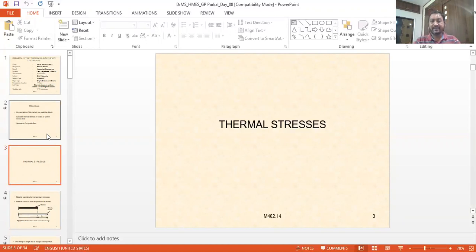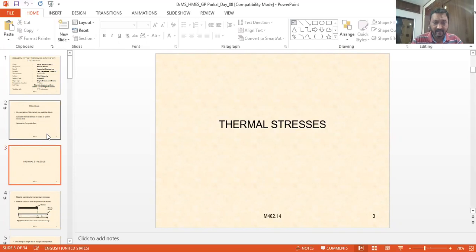The stresses induced in materials due to the rise or fall of temperature, when the corresponding elongation or contraction is avoided, are termed thermal stresses.